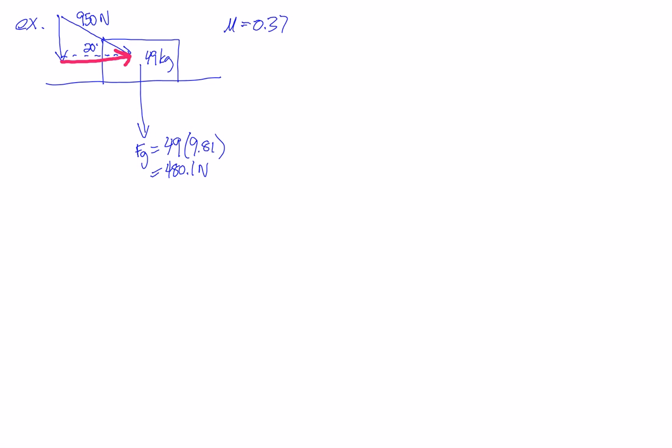We want 950 times the cosine of 20, and that works out to 892.7. And then we also want 950 times the sine of 20, and that works out to 324.9.